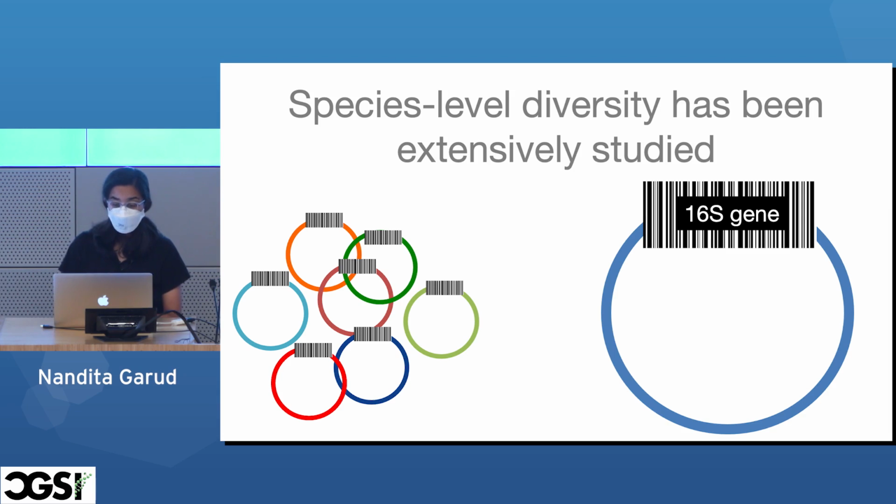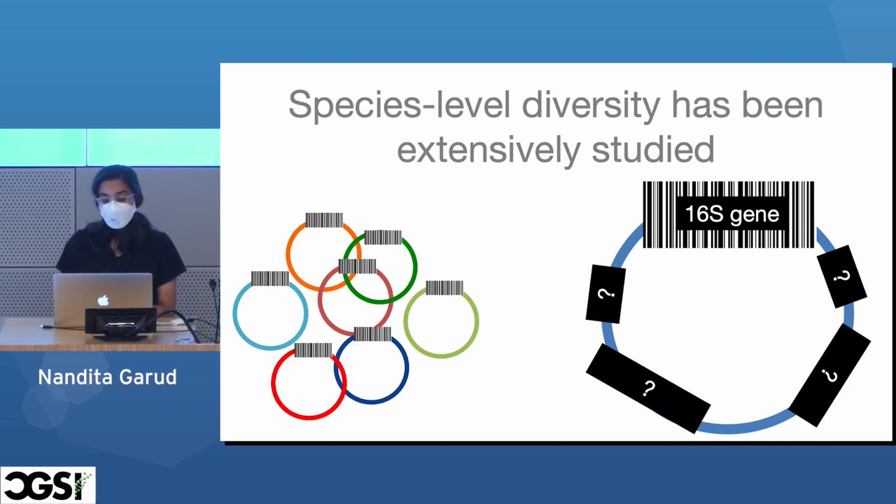It looks at this particular gene, the 16S gene, which virtually every species has, and it picks up on the specific sequence for each different species, so you can, in a very inexpensive and rapid way, categorize who is there. But the extreme limitation of this technology is that you cannot see what else is going on in the rest of the genome, and that severely limits your ability to look at evolution.